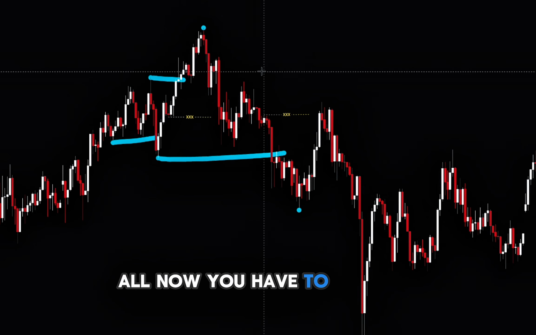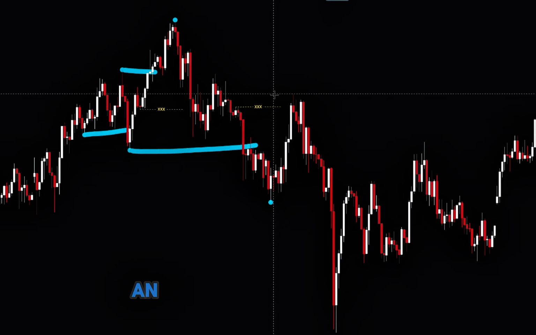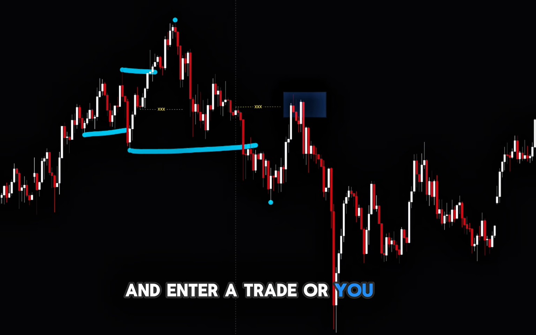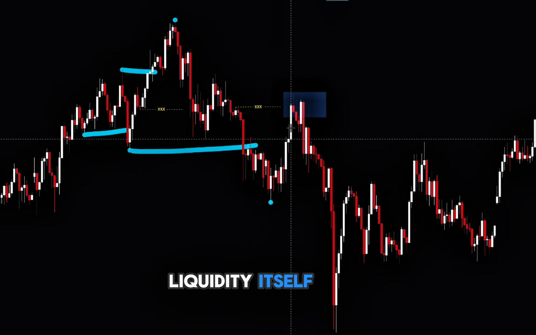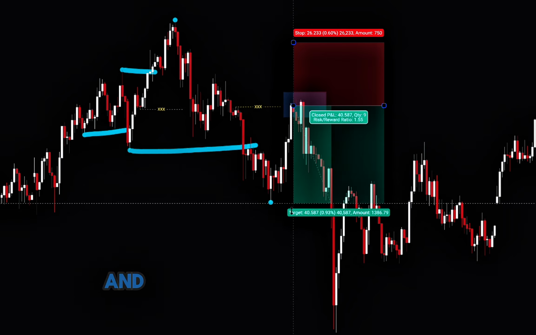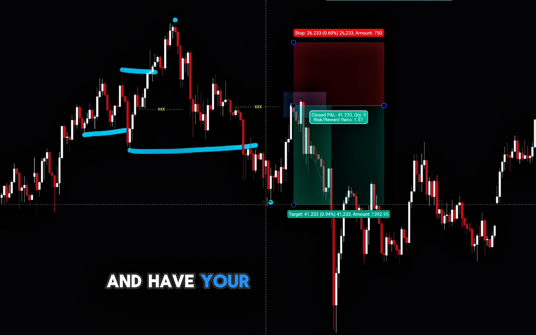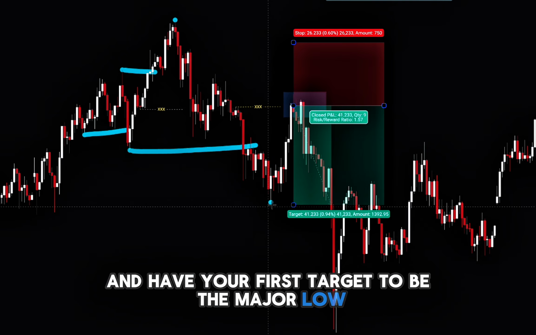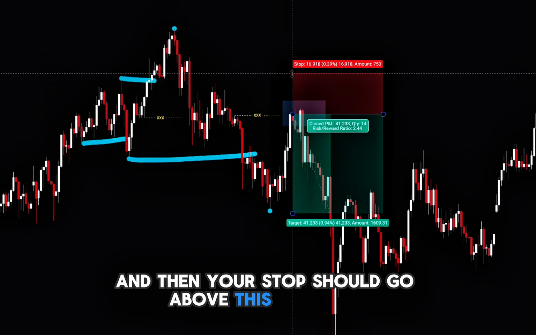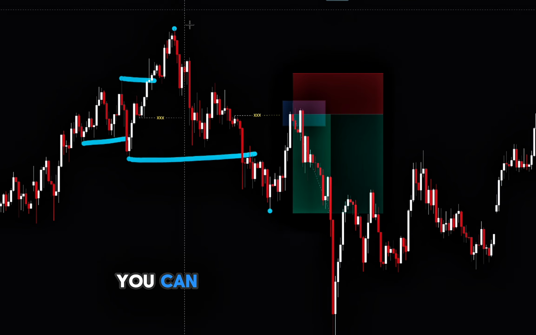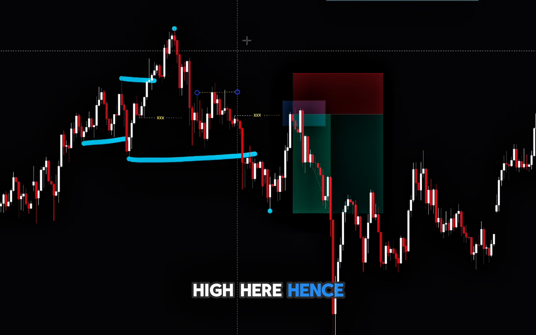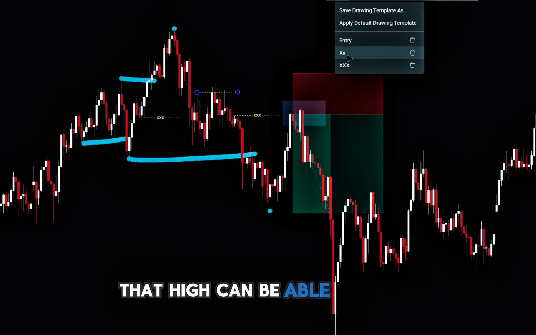Now all you have to do is to look for an entry confirmation here and enter a trade, or you use liquidity itself as a confirmation for entry, and you could enter that trade here and have your first target to be the major low that is created here, and then your stop should go above this high. Why? Because you can see that it also took liquidity from this high here, hence that high can be able to what?